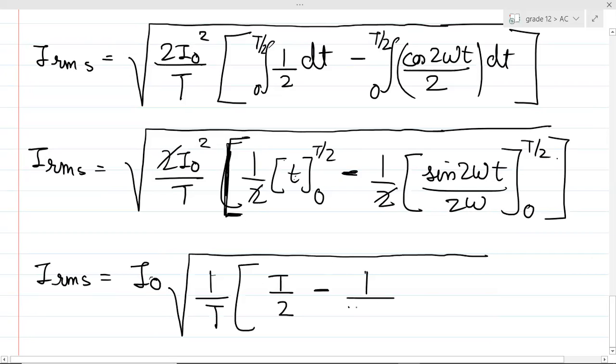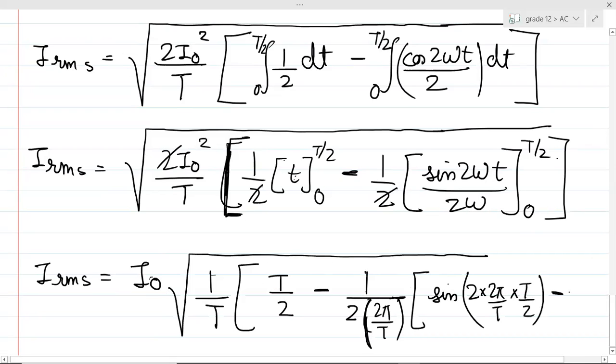So 1 by 2 omega, I can write it as t by 4 pi, multiplied by sine of 2 into 2 pi by t into t by 2, minus sine 0.